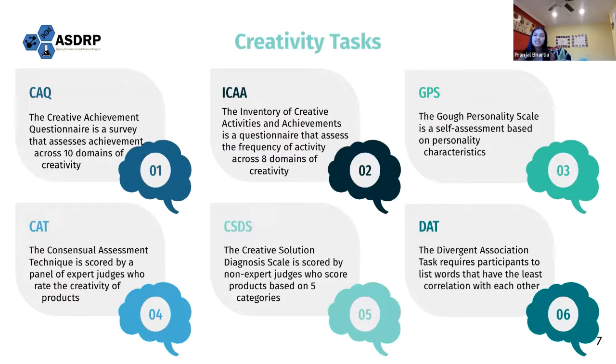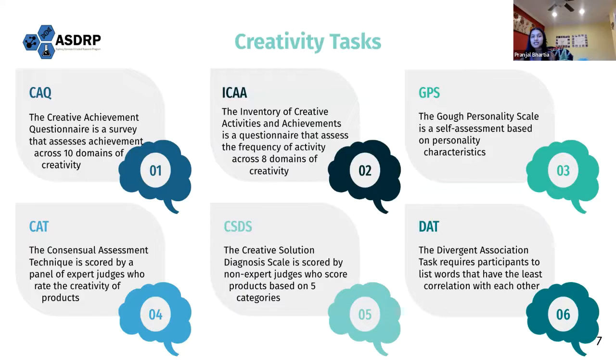This test contains 30 adjectives, for example, absent-minded, active, dominant, and each adjective is considered either positive, like this is a trait a creative person would have, or negative. The test taker checks off whichever adjective they feel applies to themselves, and for each positive adjective, they gain a point, and for each negative adjective, they lose a point. So it's a pretty simple test.